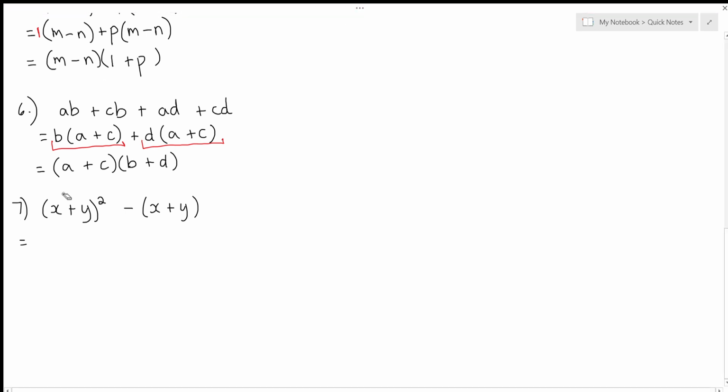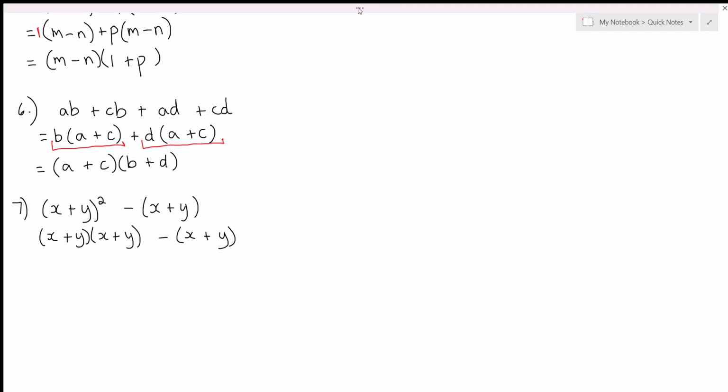So you could possibly expand if you cannot see this, or you could just take out your common factor immediately if you see it. So if I'm going to expand, I'm going to basically go (x + y)(x + y) - (x + y). So if you have a look at this, you will see that there are 2 terms here.